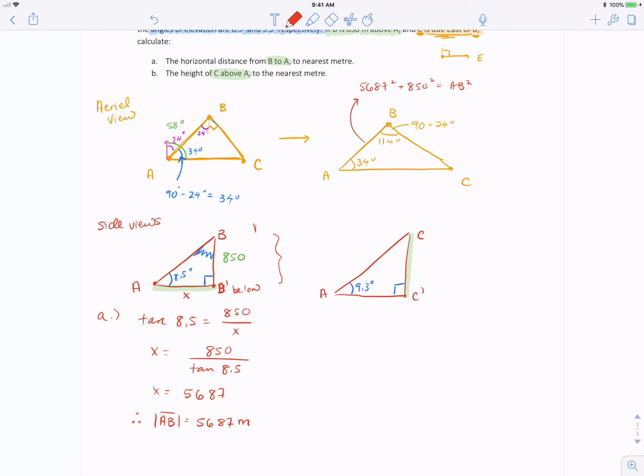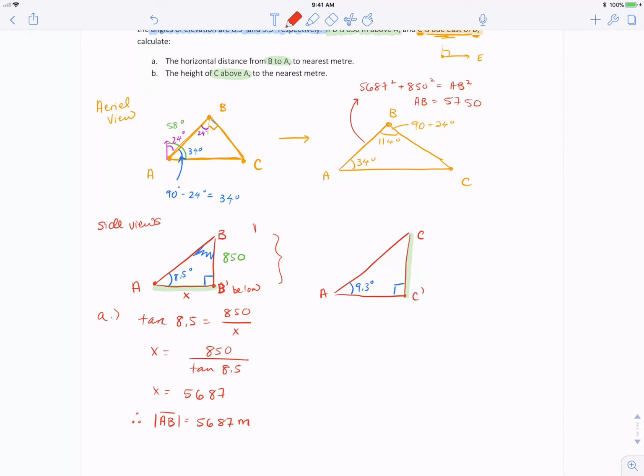And I want to square root that whole value. Okay. So I should get AB to be 5,750. Hey, yay, I have a side length.